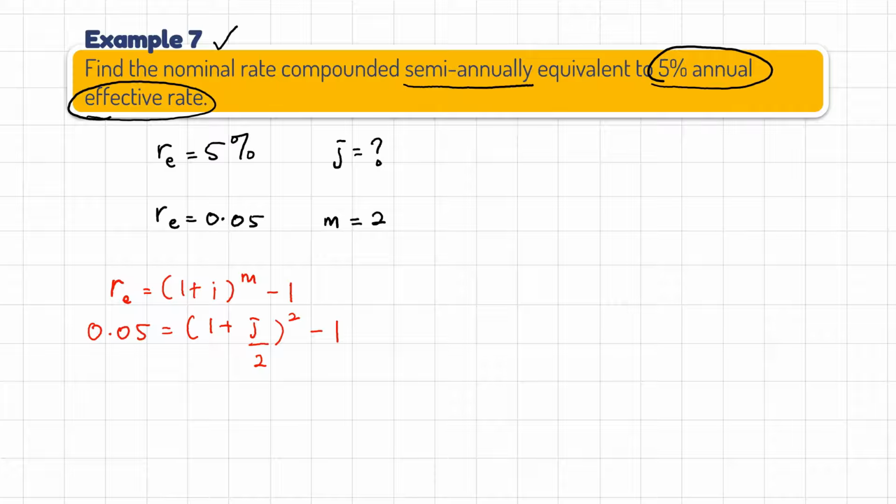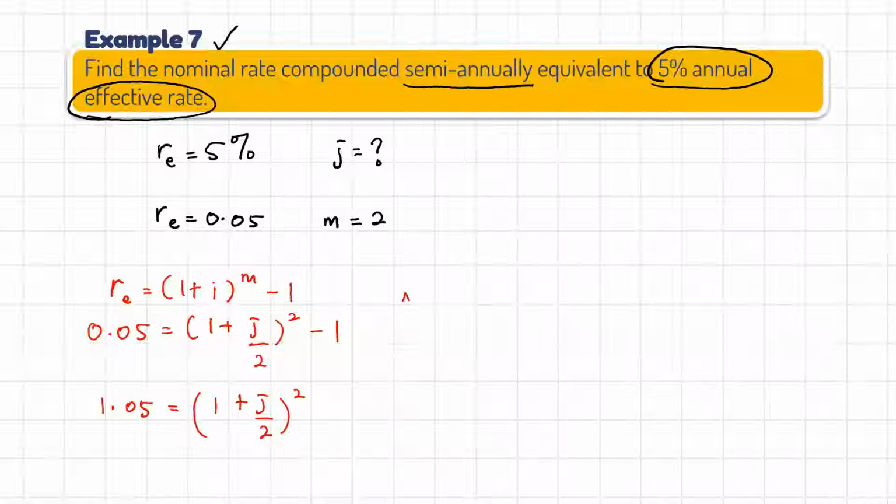Simplify the equation, we will get 1.05 equals (1 plus j over 2) to the power of 2. So we would have the square root of 1.05 equals 1 plus j over 2.